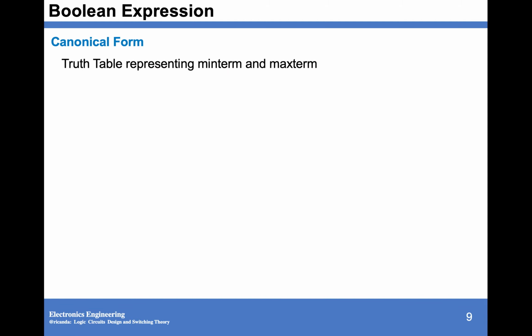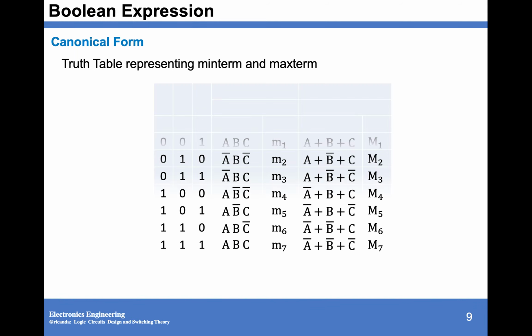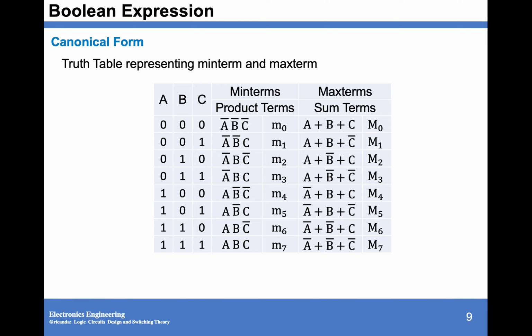The min term and max term, to make it easier, we have this truth table showing how to represent your min terms and max terms. So if we have variables A, B, C, then if you make a truth table of your variables A, B, C using binary values, we have values from 0 up to 7.